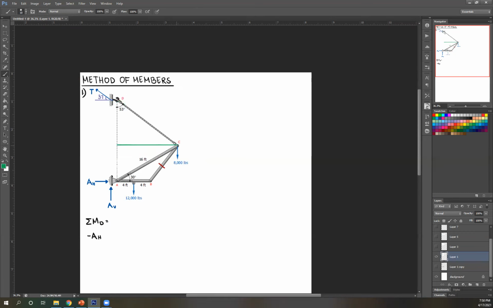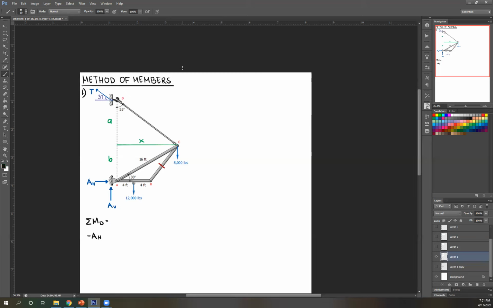And then I just need to figure out what this length is. So let's give variables to it to more easily solve for those values. Let's call this X. I'm going to call this A. And then I'm going to call this B. Okay? So let's solve for each.